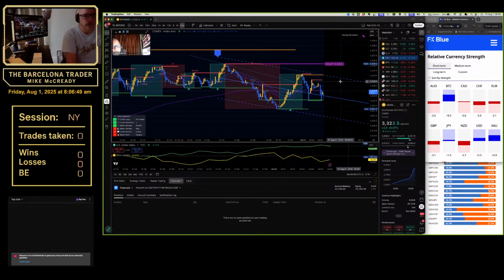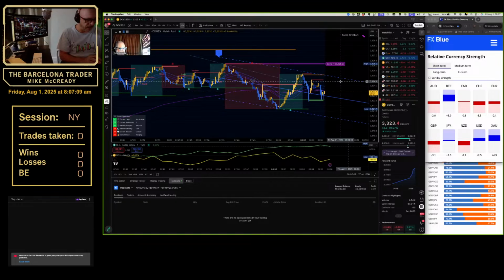So it's going to be a slow run to 8:30. That was the 8 o'clock candle already. Nothing really happened. It came down, but it was still within the range. Let me get my alerts set up here. Set an alert for 8:19, so I'm alert for the 8:20 COMEX open.